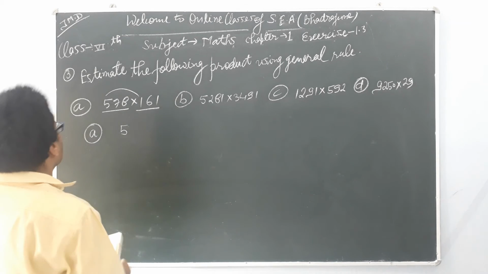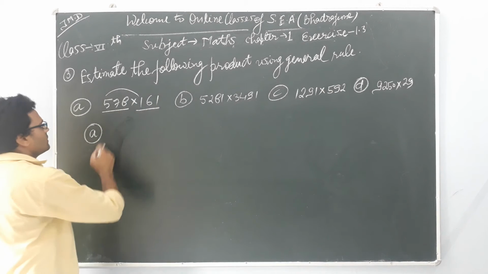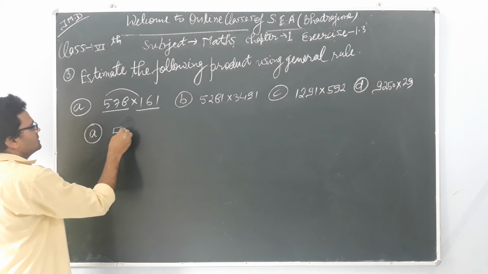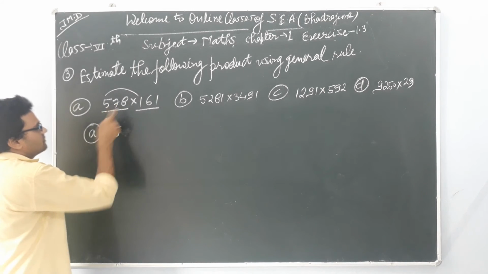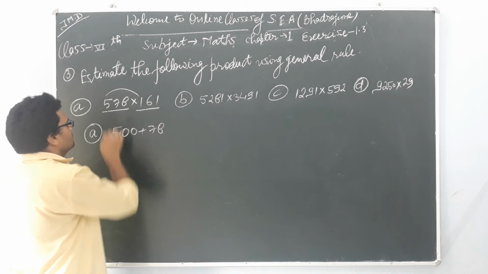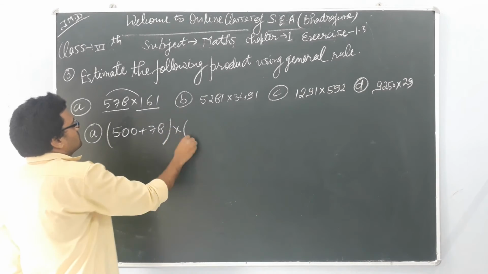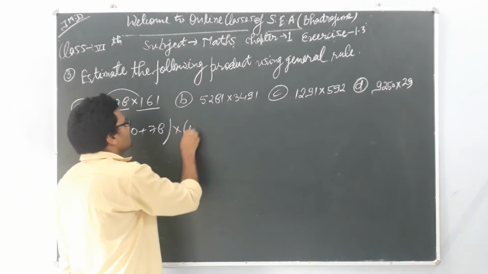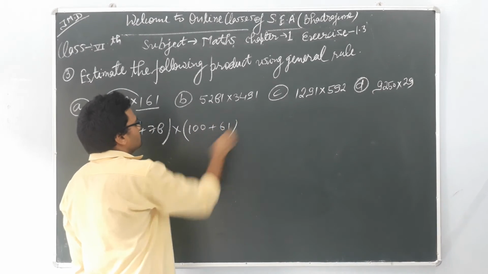Okay, our first part is for estimating we will write it as 500 plus 578 can be written as 500 plus 78, and 161 can be written as 100 plus 61.